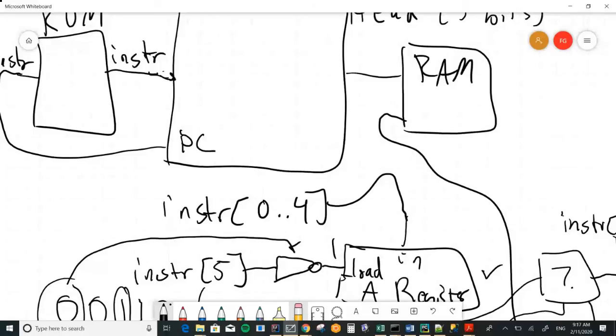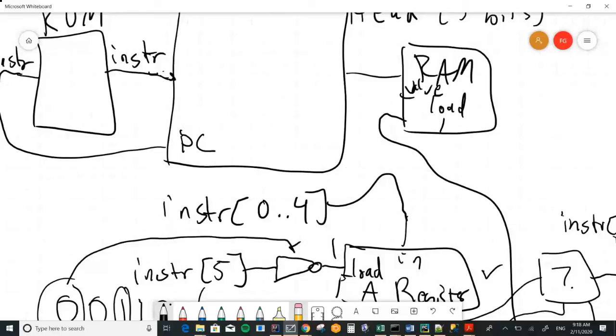So that's one thing that comes into the RAM. The other things coming into the RAM, there are two, sorry. The RAM, of course, is going to have a load bit, and then it's going to have a value bit.